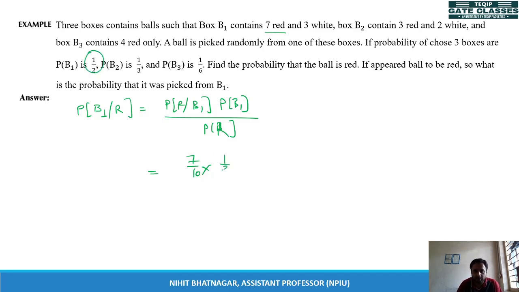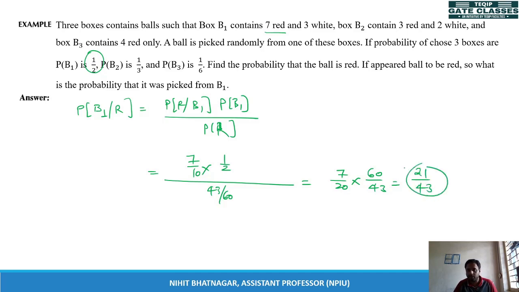So I write 1 by 2 upon the probability of getting a red ball, which we found in the previous example, that is 43 by 60. So it is equal to 7 by 20 multiplied by 60 by 43, that is 21 by 43. Okay.